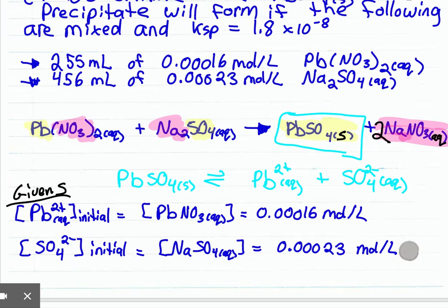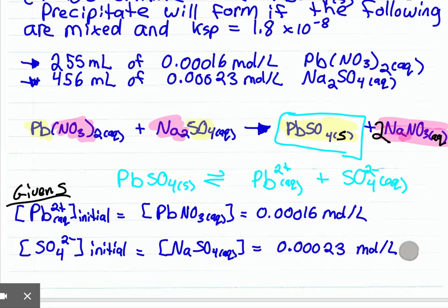All right, so we have our initial concentrations, but we have to take into consideration the change in volume that's going to happen when we combine these two solutions together. This is because you have 255 milliliters of 0.00016 mole per liter.